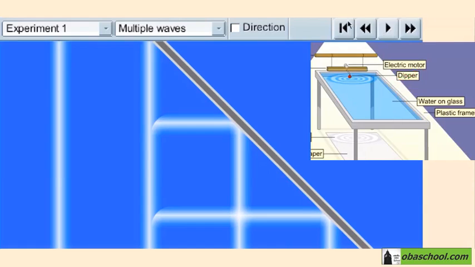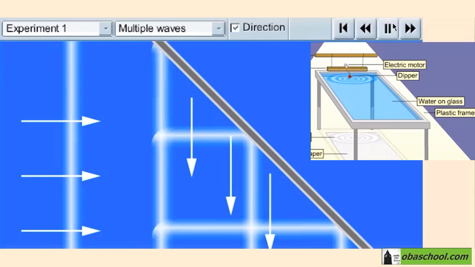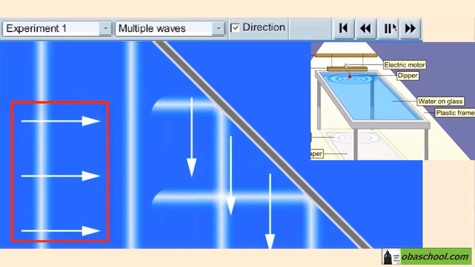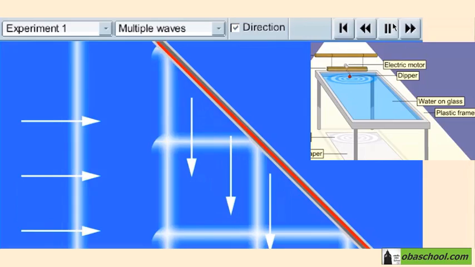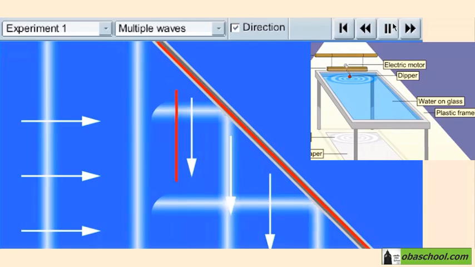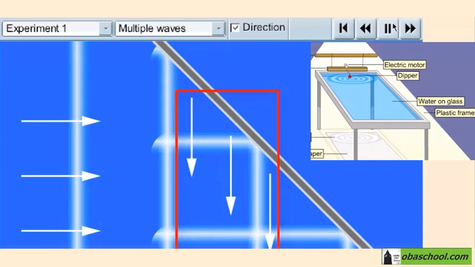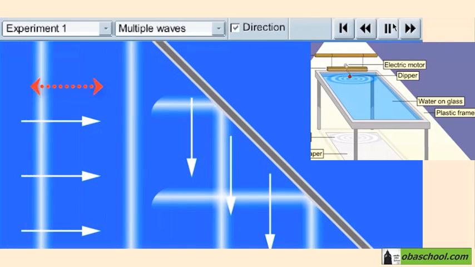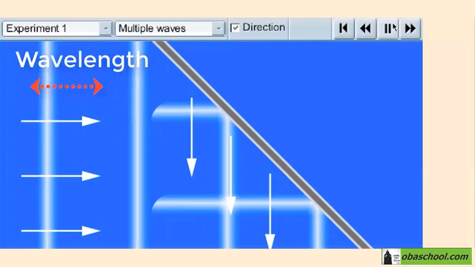Notice how the reflected waves move through the original waves and see the directions. So before reflection, the original waves are moving forward, then they encounter the metal strip, causing a downward reflection of the waves. The distance between the wave crests is usually called a wavelength.